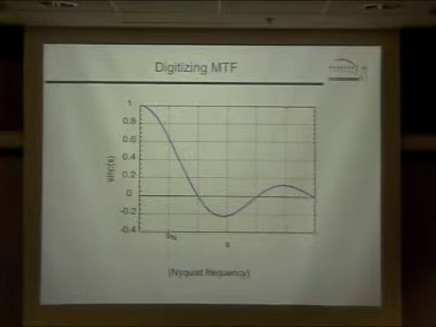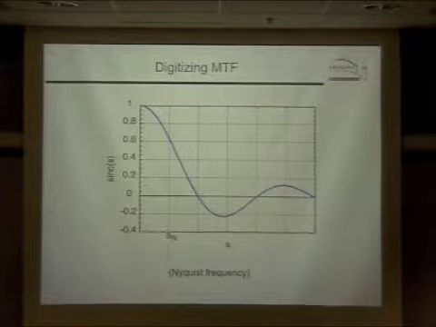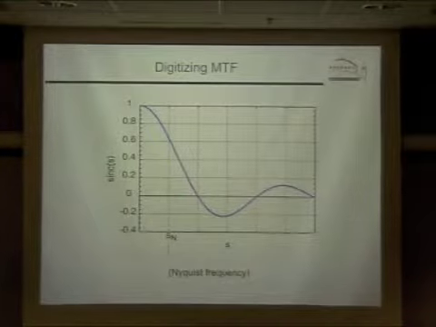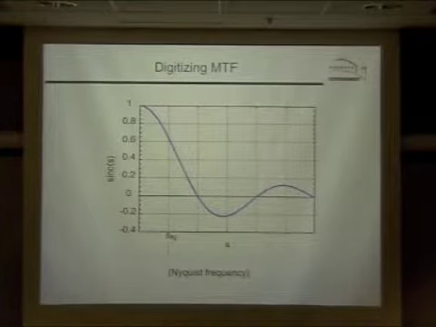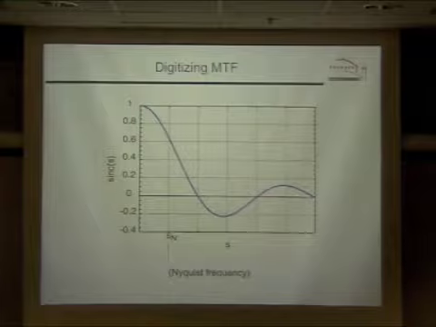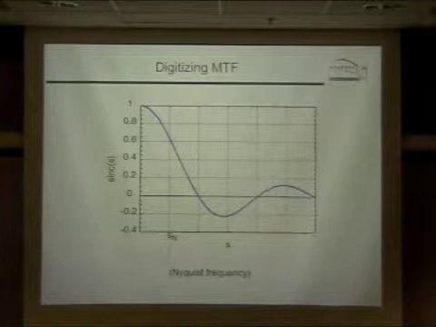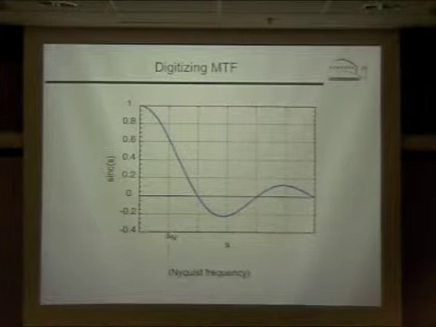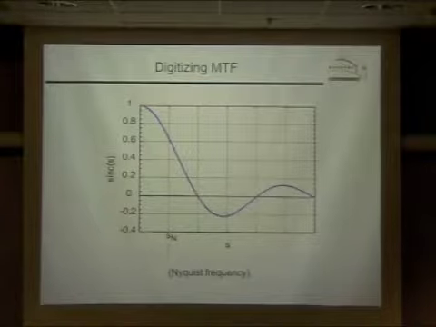And at that frequency, the plus and the minus cancel each other exactly. No matter where you start, if it goes from here, up and down to here, or if it starts here, down and up to here, that cancels completely. So at this frequency, twice the Nyquist frequency, you can get no contrast in the digitized image.